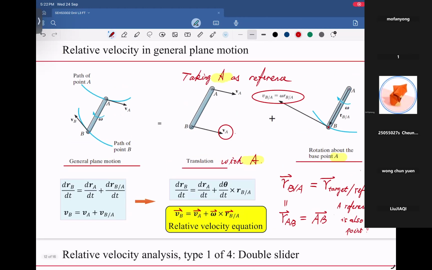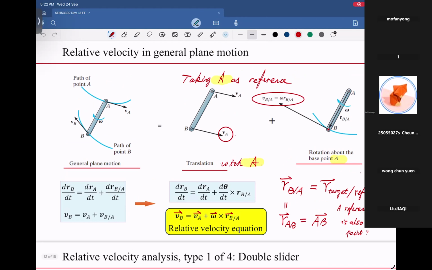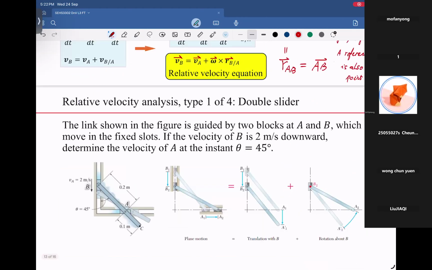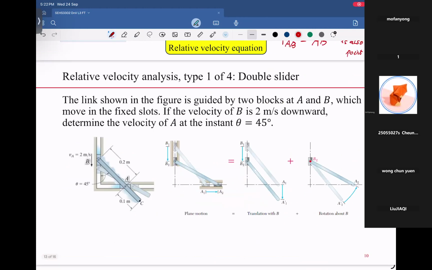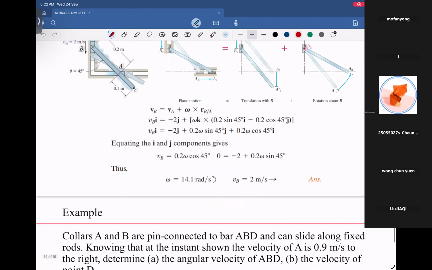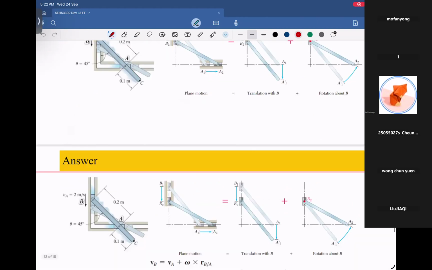Okay, to get it more clear, we just use a double slider to do the analysis, okay? And we may look at this one.